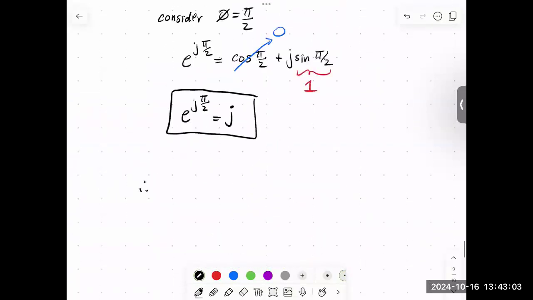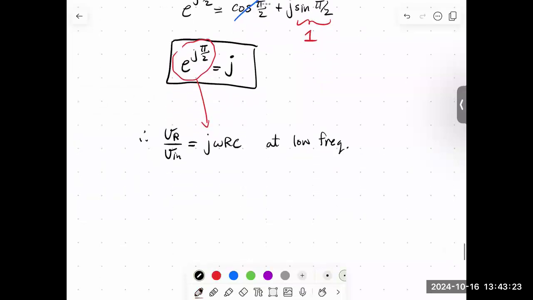Therefore, we have this VR over Vn is equal to j omega RC at low frequency. And so what we're going to do is, instead of writing j, let's write it like this. That's the same thing as omega RC times e to the j pi by 2.